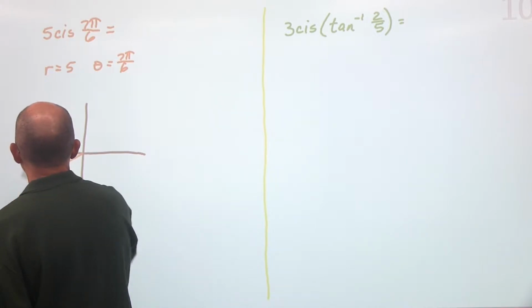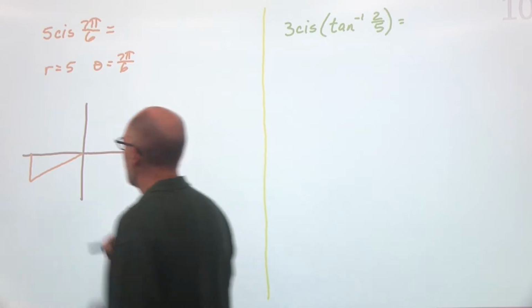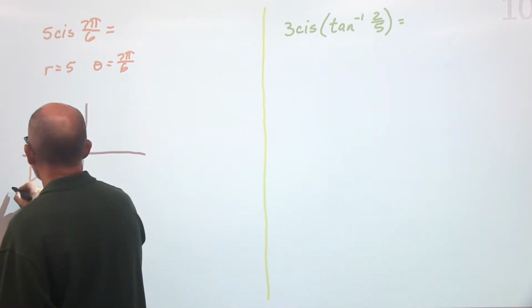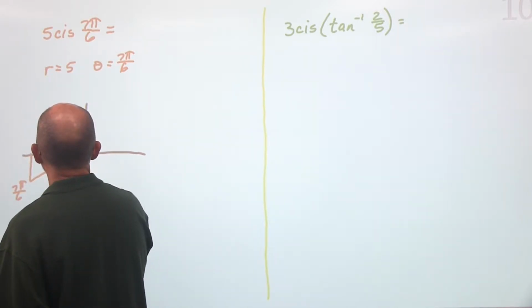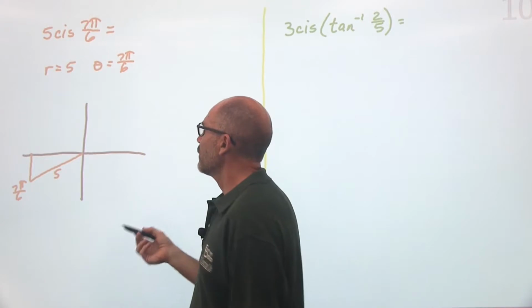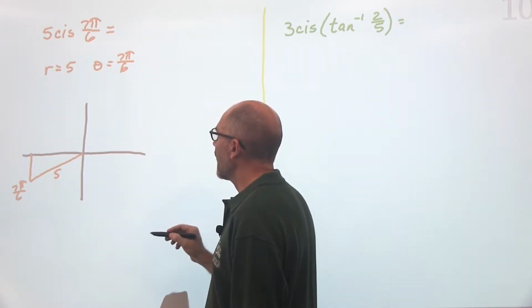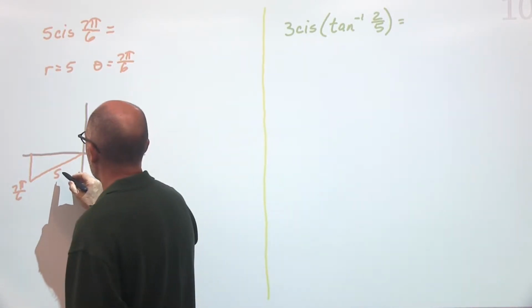Well, 7 pi over 6 is pi over 6 past pi. So this is really what we used to call a 30-degree angle. So there's our 7 pi over 6, and this is 5. Well, since I have a 30, 60, 90 right triangle, that means the short side is always half the hypotenuse.